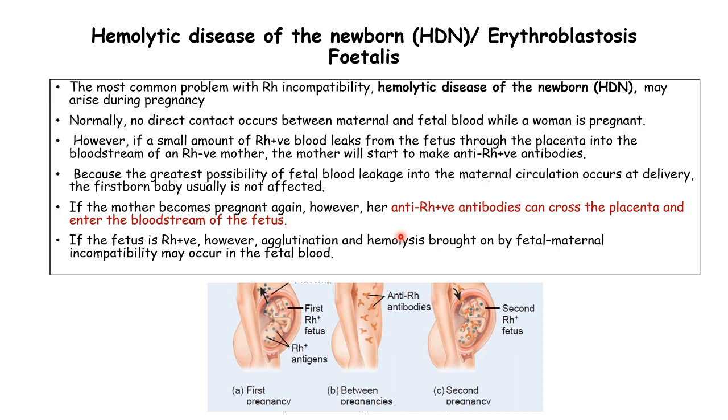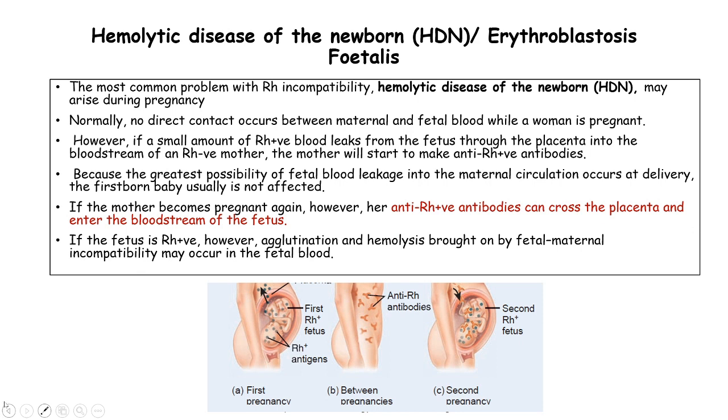This usually occurs when a mother who is Rh negative carries an Rh positive baby. That means when an Rh negative woman marries an Rh positive man, there are chances that the child can be Rh positive.